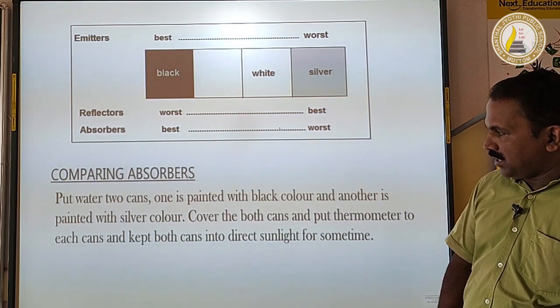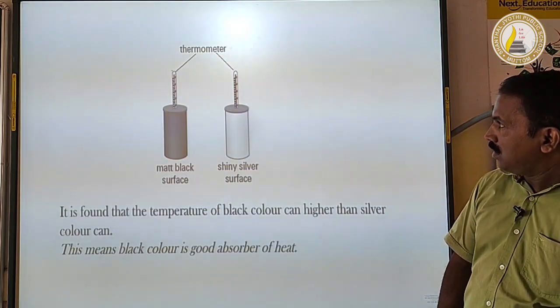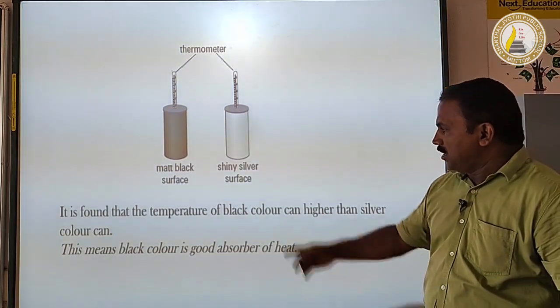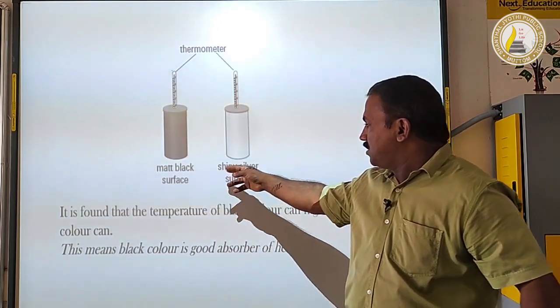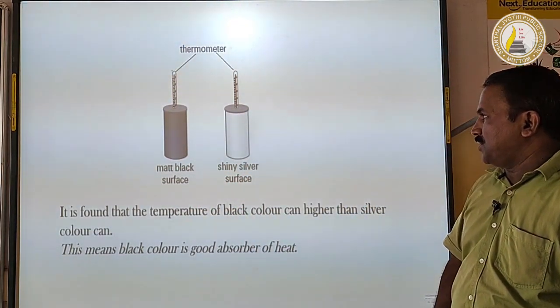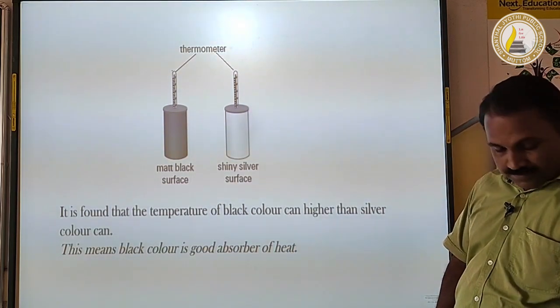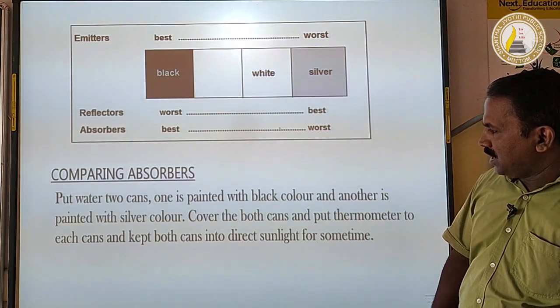Then comparing absorbers, how to compare heat absorbers. Here we have one black surface can and one shiny silver surface can. Here you can see comparing absorbers.